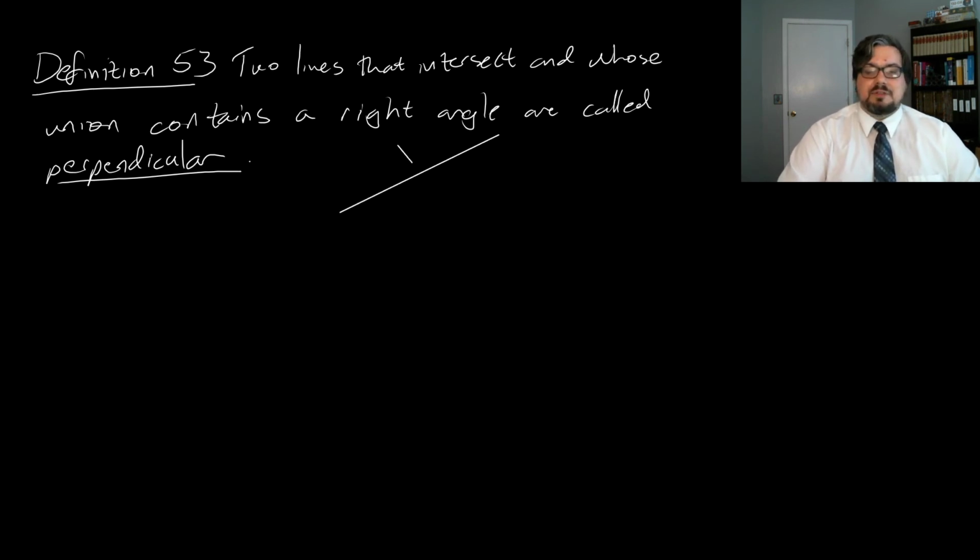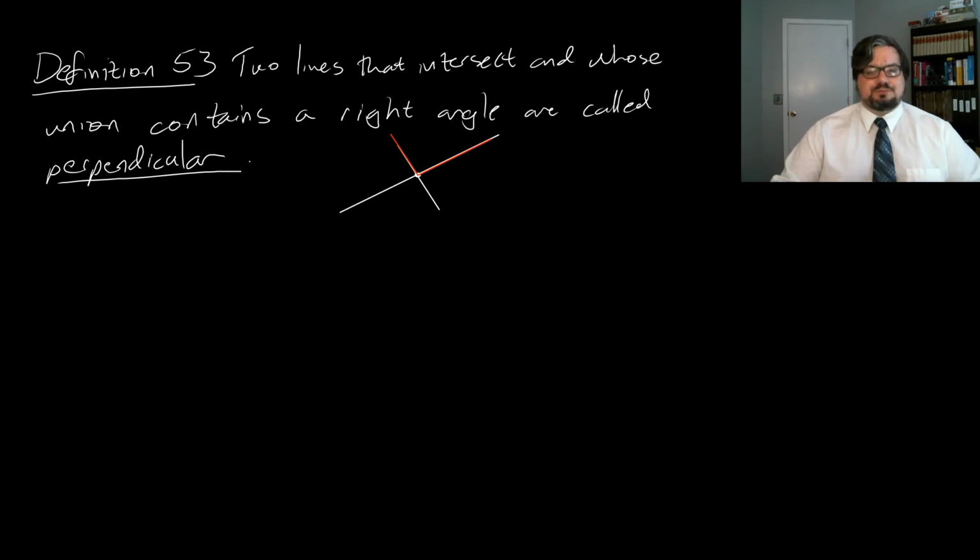There's nothing clever, there's nothing unusual, about this. We call two lines perpendicular. They have to intersect, but if they contain at least one right angle, then we say that they are perpendicular. Now, we've already shown, in fact, that if a union of lines contains a right angle, it actually contains four right angles.